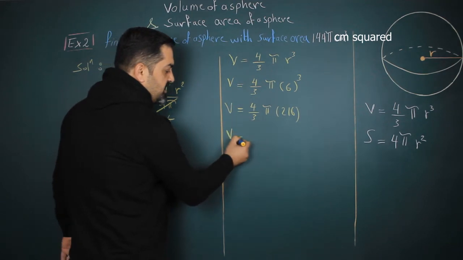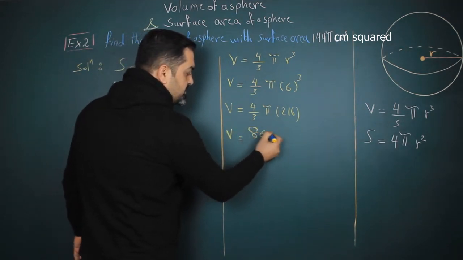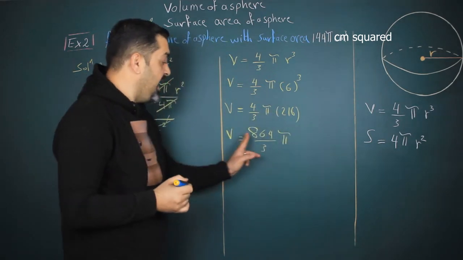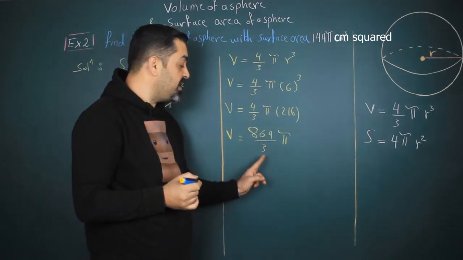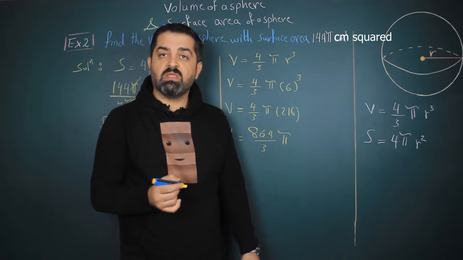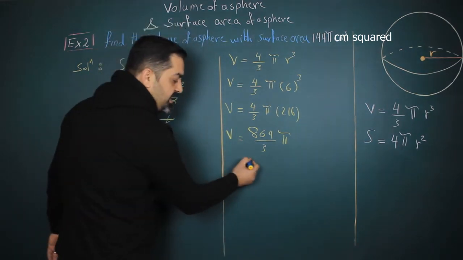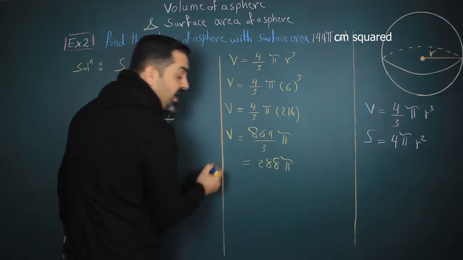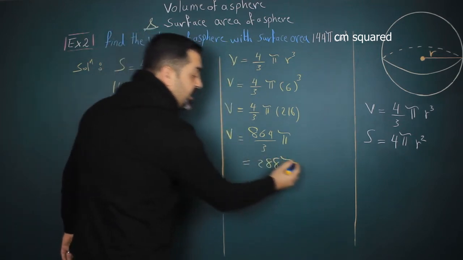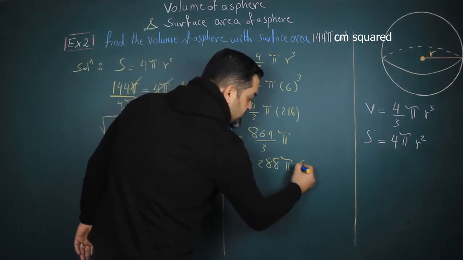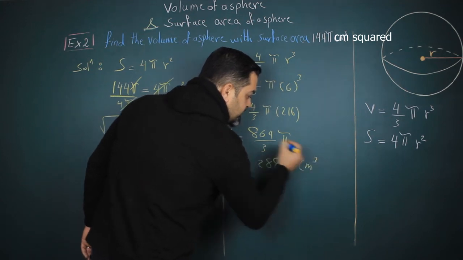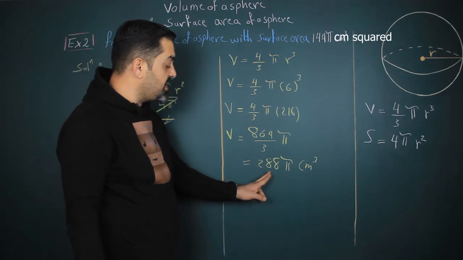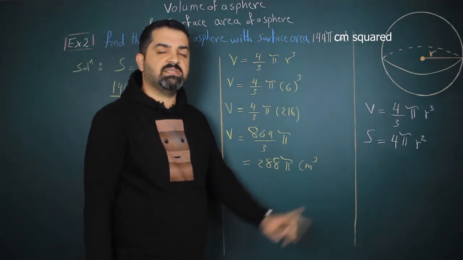So V is equal to 864 over 3 pi. 864 divided by 3 is equal to 288 pi, and the unit here is cubic centimeter. So the answer is 288 pi cubic centimeter.